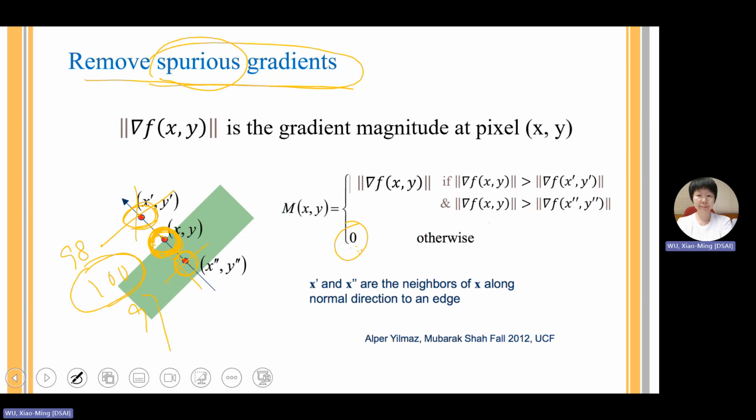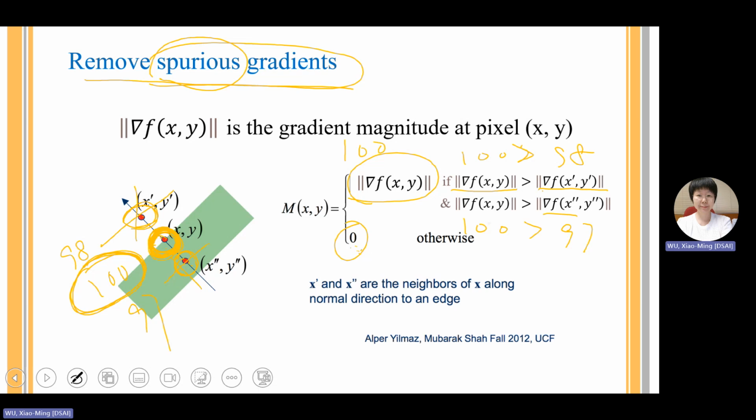The middle one will be kept because, for the middle pixel, its value is larger than its neighbors. 100 is larger than 98. And 100 is also larger than 97. So the gradient of this pixel will be retained as 100.